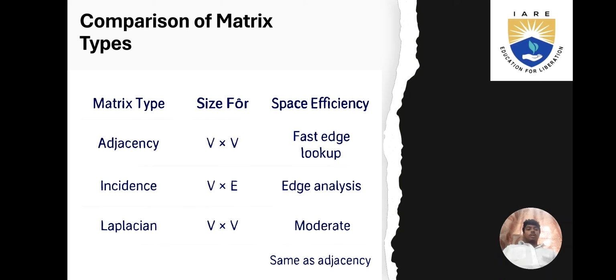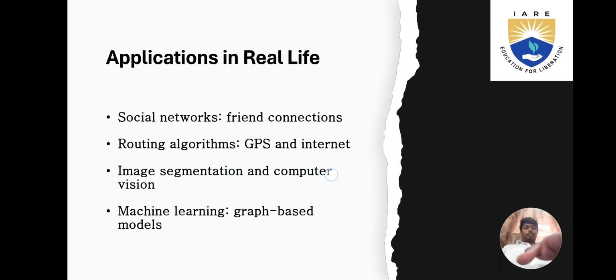They are used in electrical and flow networks. Lastly, we have the signless Laplacian matrix with dimensions of V by V, ideal for eigenvalue optimization. The space efficiency is moderate and its key use is graph structure characterization.